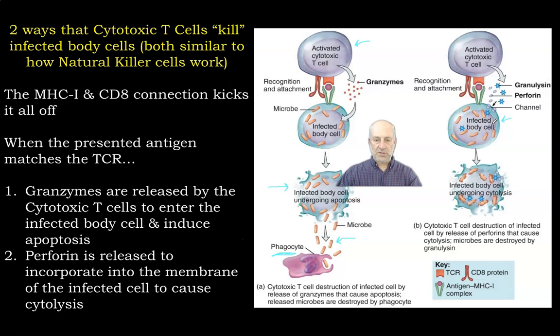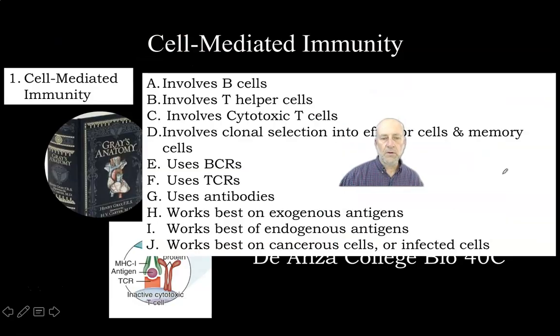It just injects a tube or perforates. It pokes holes in the cell, a channel in the cell, and then the fluid will move in and it'll destroy the cell. Okay? And that's called cytolysis. And that's destroying these infected body cells. Those are the two ways.